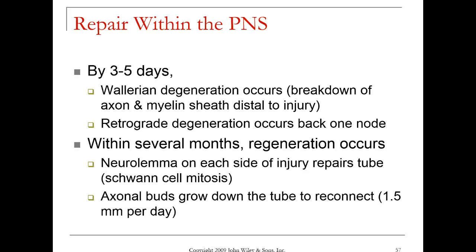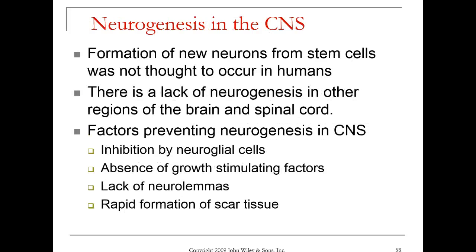It only will grow maybe 1.5 millimeters per day. So obviously the shorter the area that's been damaged, the more likely it is you're going to have successful repair within the peripheral nervous system. If you have to regenerate a very long area in the peripheral nervous system, you have a higher risk of it not reconnecting.